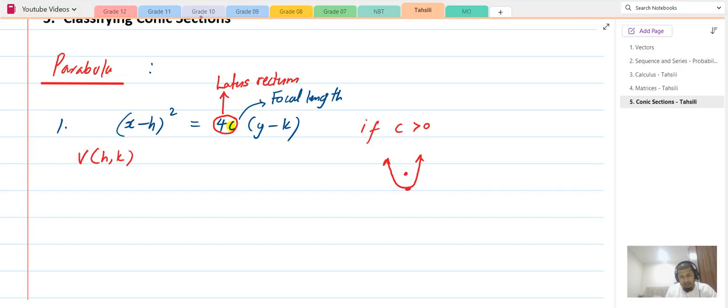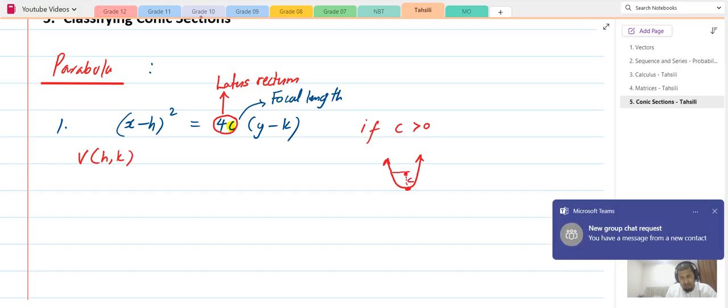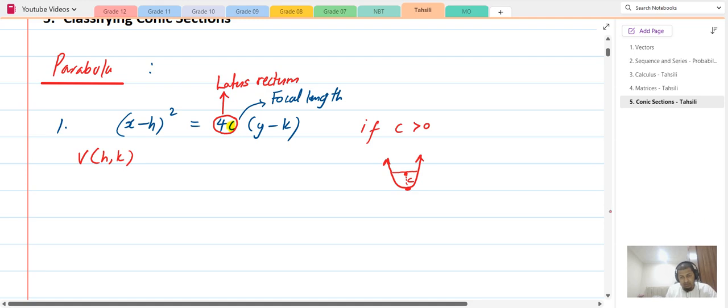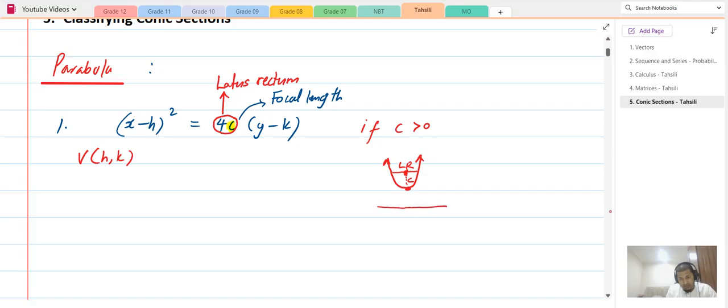The distance from the vertex to the focus is c, and the horizontal distance here is called the latus rectum, and that is the distance 4c. The latus rectum is here, the focus is where the dot is, and the distance from the vertex to a line below is called the directrix line.